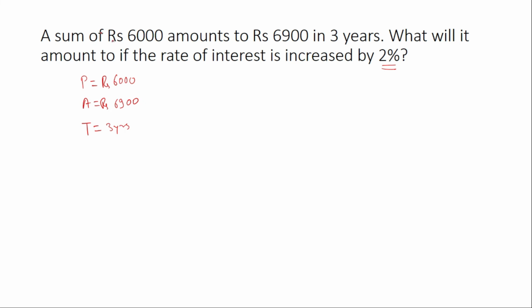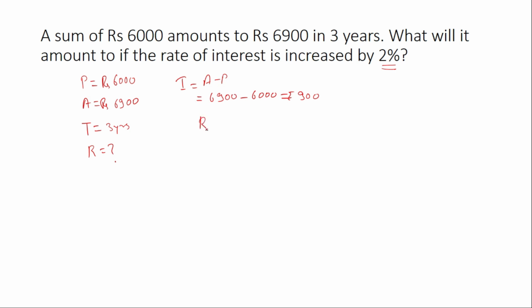In this question two part is there. In first case, you have to find the rate. So I will be A minus P. That means 6,900 minus 6,000, that is 900. It is the value of interest.